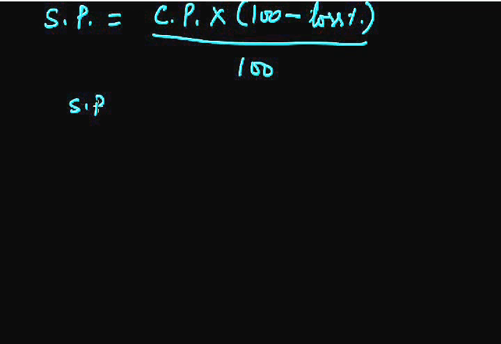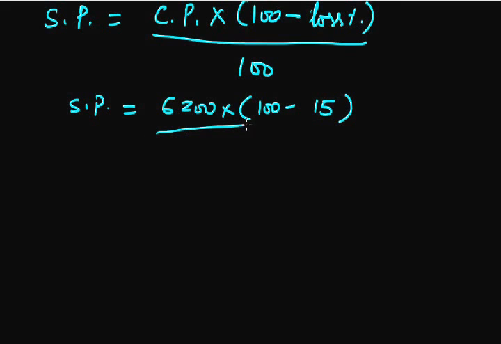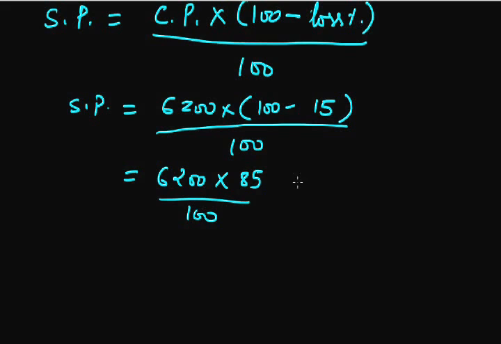Now the selling price will be equal to cost price, that is rupees 6,200, into 100 minus loss, that is 15%, whole upon 100. So it will be equal to 6,200 into 85 whole upon 100, which will be equal to rupees 5,270 again.